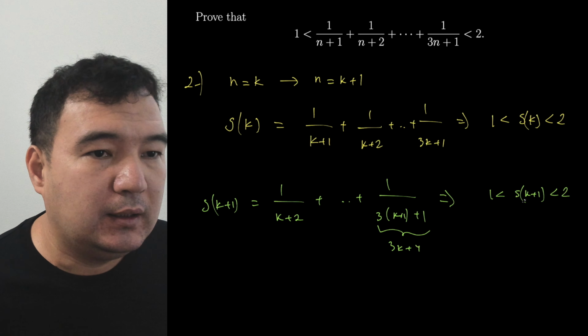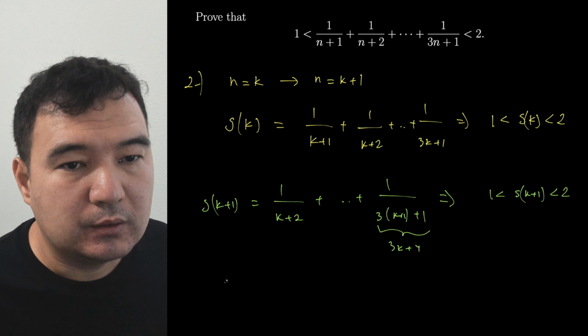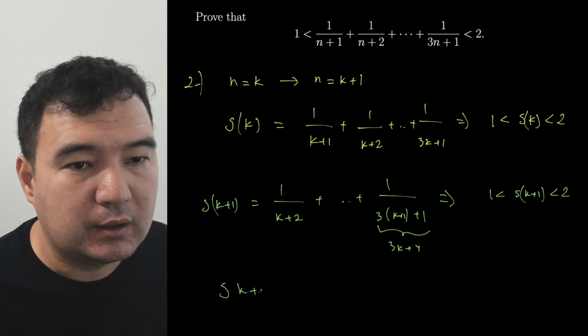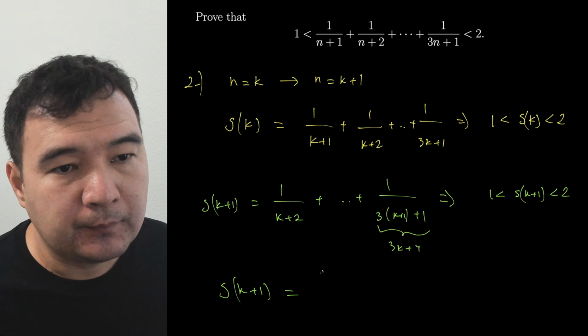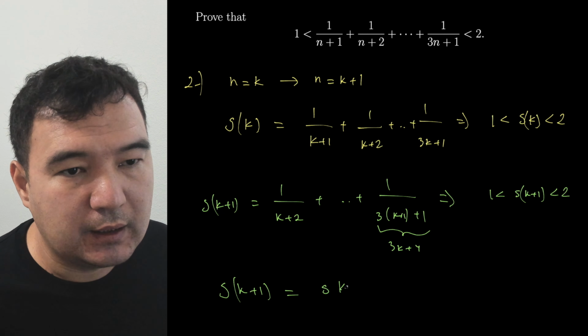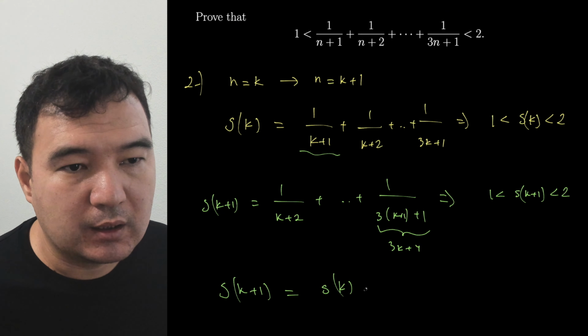So what's the relation between Sk and Sk plus 1? If I try to write Sk plus 1 in terms of Sk, so let's say we have Sk, and then Sk has this one extra term, so I have to remove that extra term, subtract it.